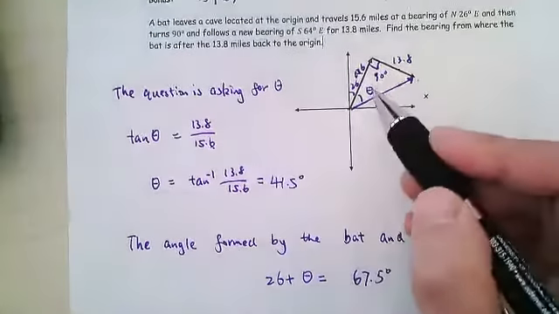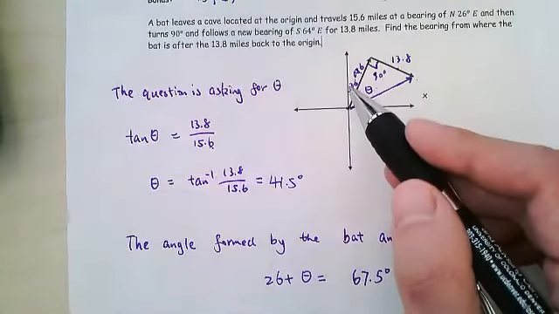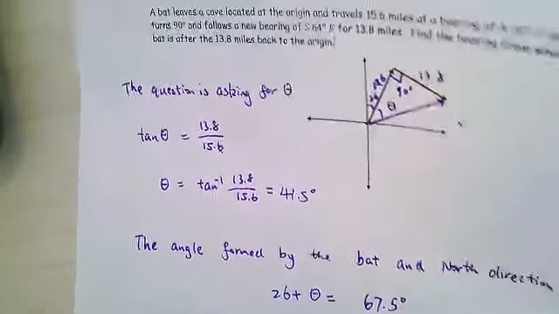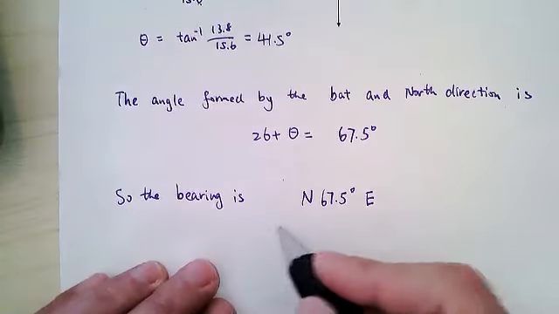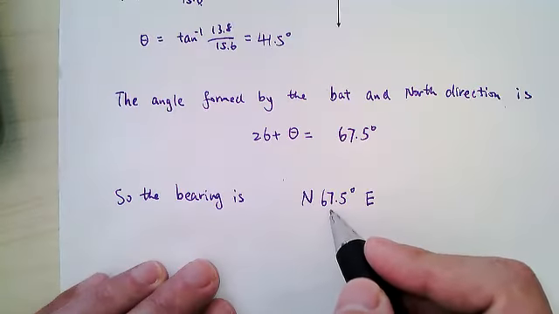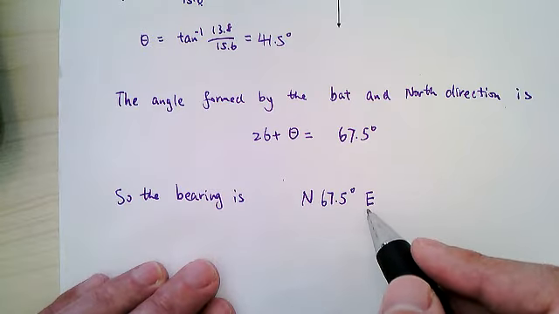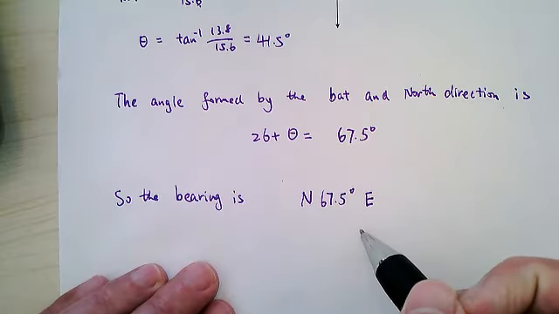Again, north 67.5 east. So the bearing is just north 67.5 east. That's it. Any questions so far?